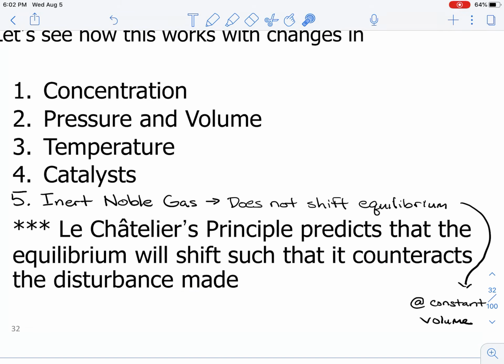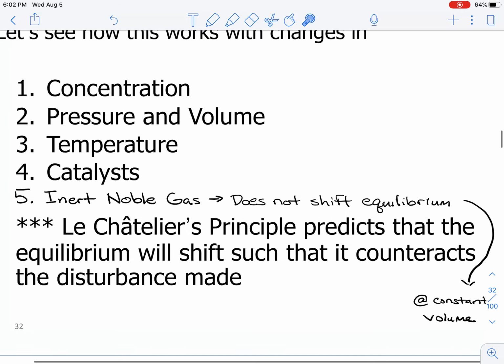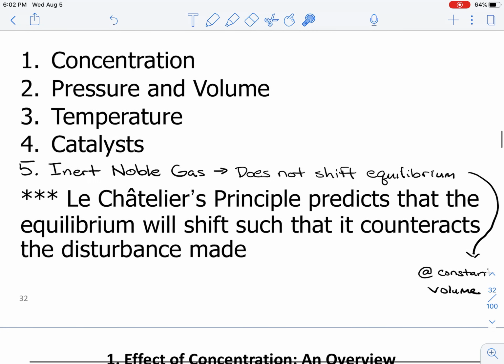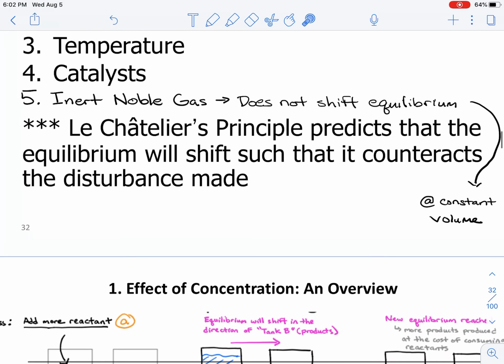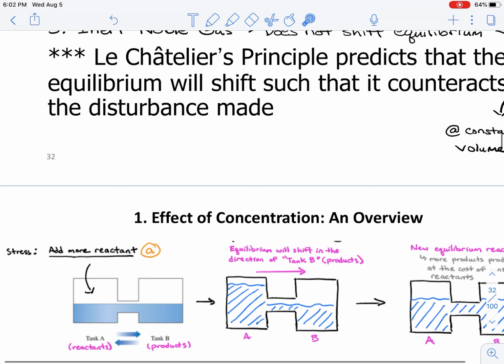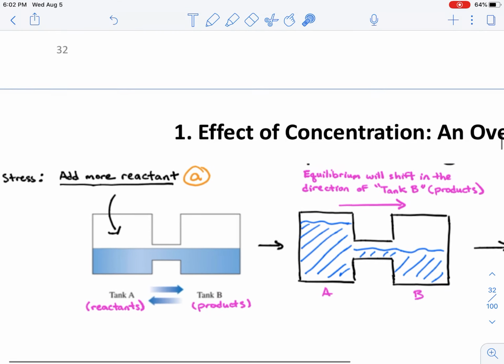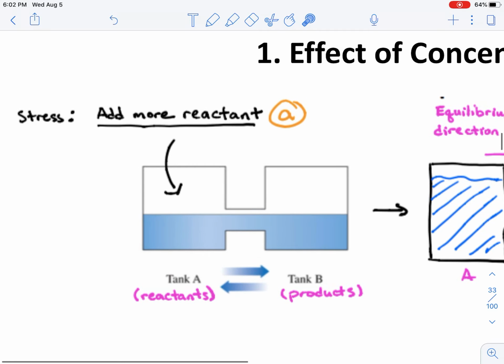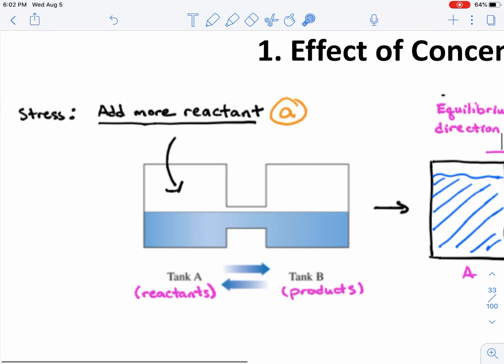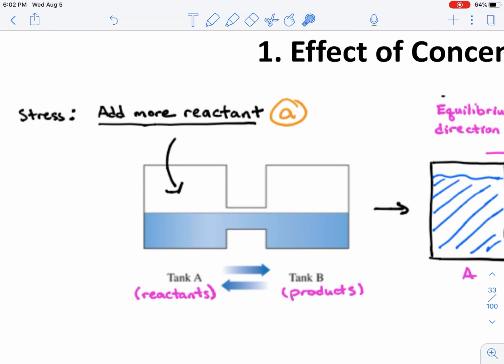The first stress that I want to discuss in greater detail is changes in concentration. I'm going to use an analogy to better convey how the equilibrium will shift depending on the stress that was applied on the chemical system.